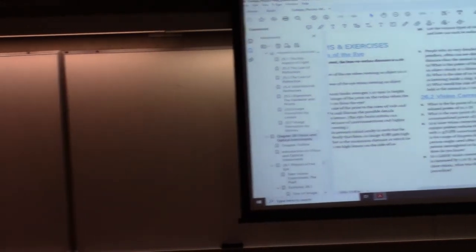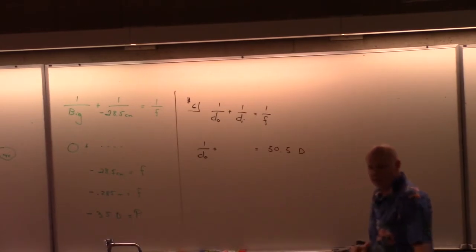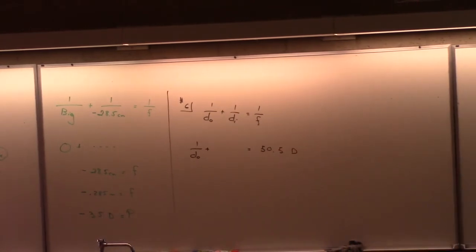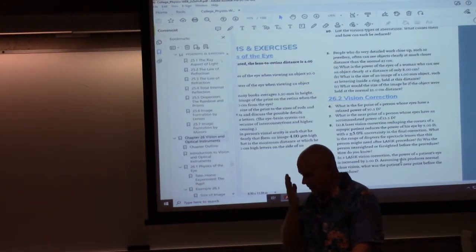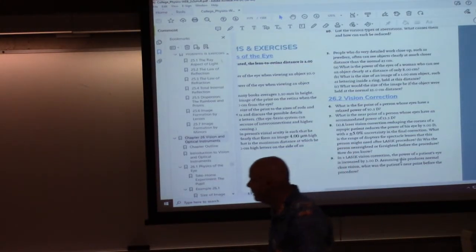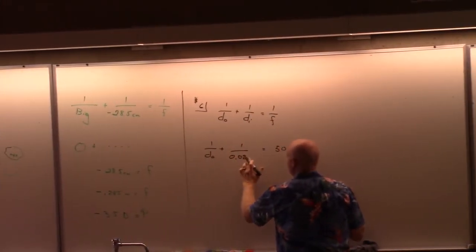What I'm trying to find is right here: what is my object distance? And of course, where the image is formed. Imagine this without the glasses on. The image forms on my retina, and so this image distance is then my 2 centimeters.